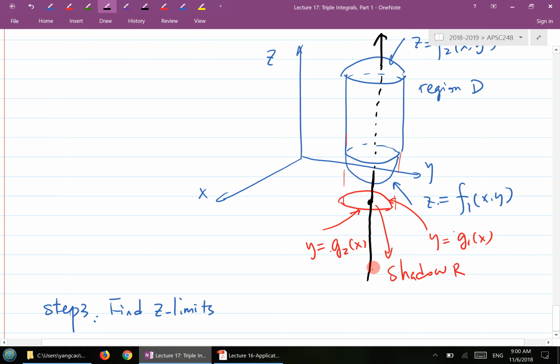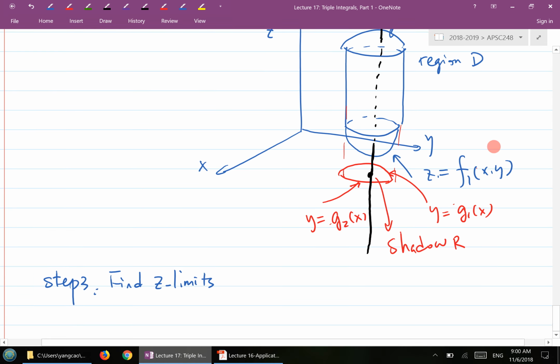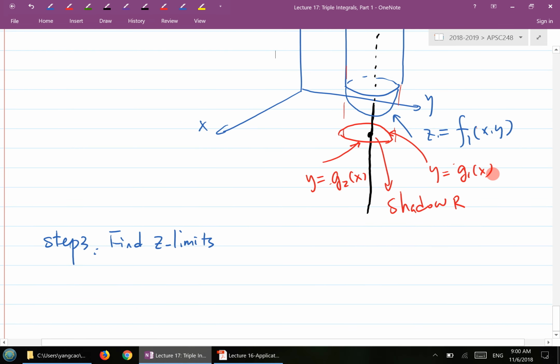Sketch an arrow line in the positive z-axis. So draw an arrow line.